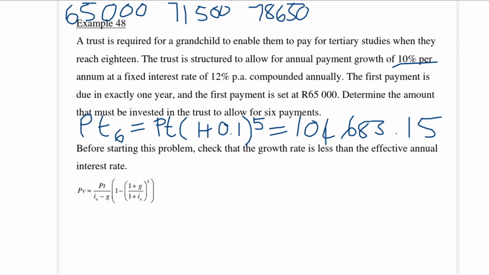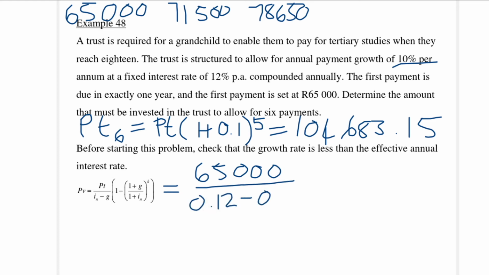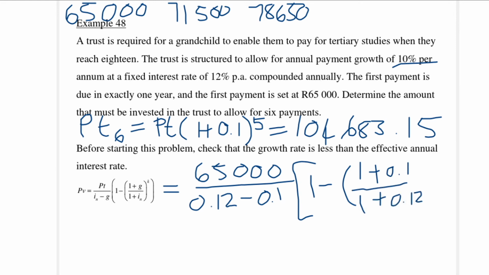Okay, so to come back to the original question, we would like to know what is the present value for this trust. So now it's just a matter of substituting all the information we already have. The first payment is 65,000 rands. The interest rate is 12%. The growth rate 10%. And we have 6 payments.